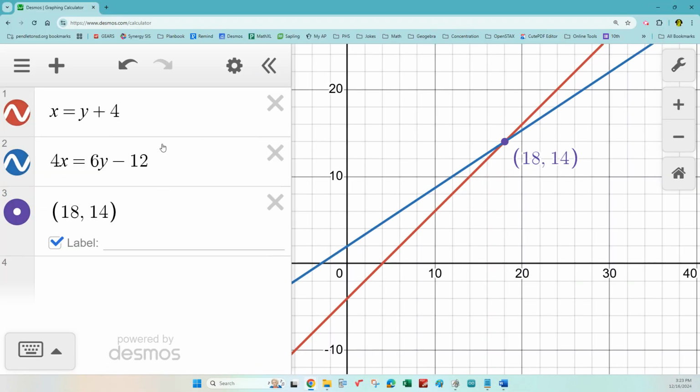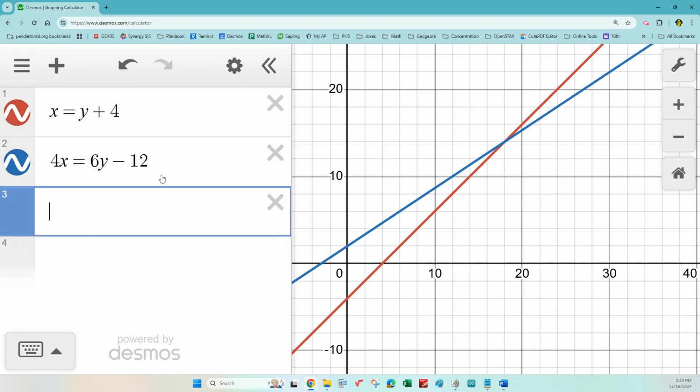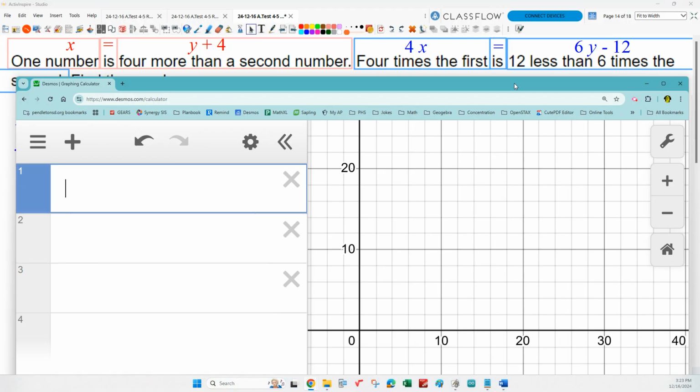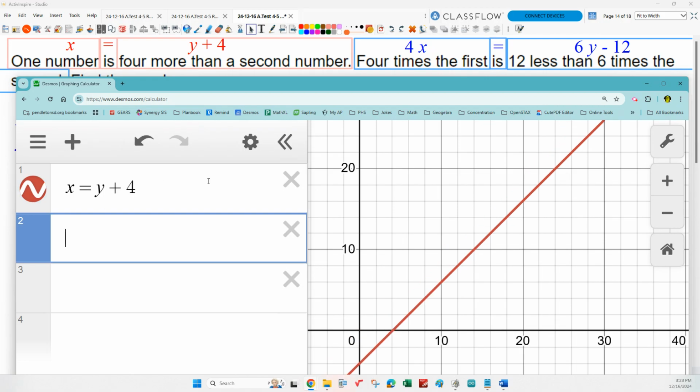If I go into Desmos graphing, my first equation is the red one, x equals y plus 4. Second equation is the blue one, 4x equals 6y minus 12.